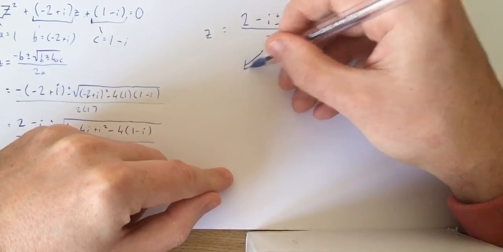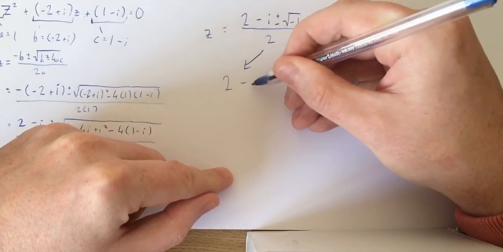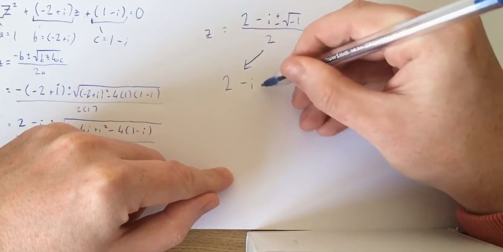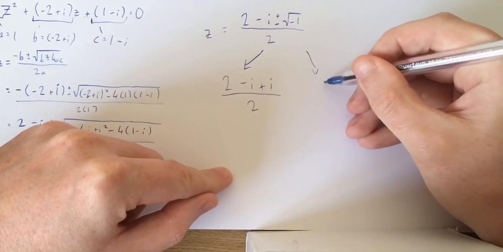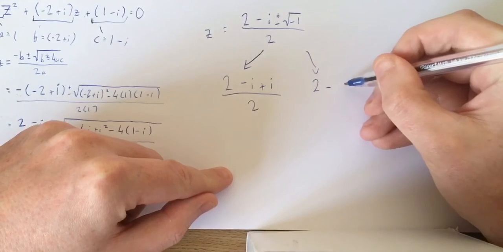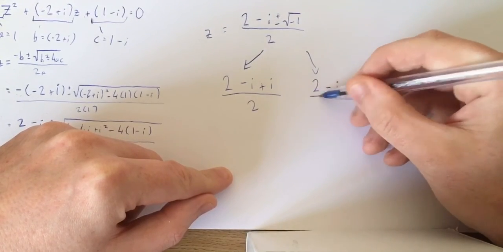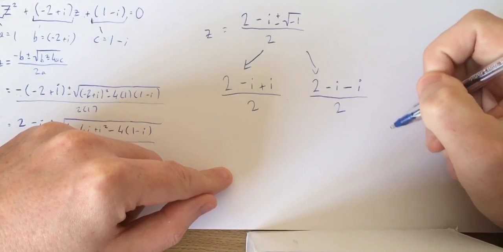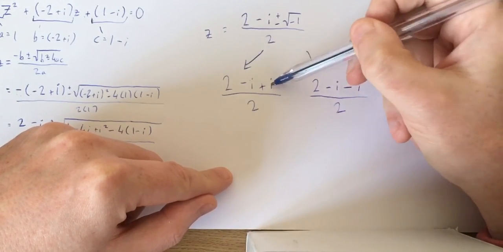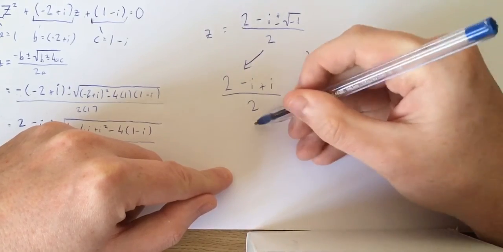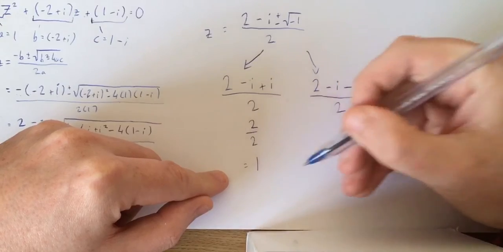So if I split the solution in two here, I've got 2 minus i plus i over 2, and I've got 2 minus i minus i over 2. So minus i plus i is 0, so I end up with 2 over 2, which is 1.